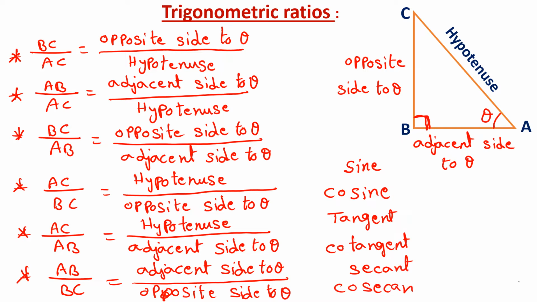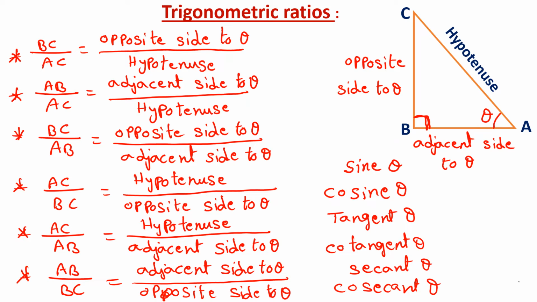These by themselves do not have any meaning. They are meaningful only when associated with an angle like theta: sine theta, cosine theta, tangent theta, cotangent theta, secant theta, cosecant theta.